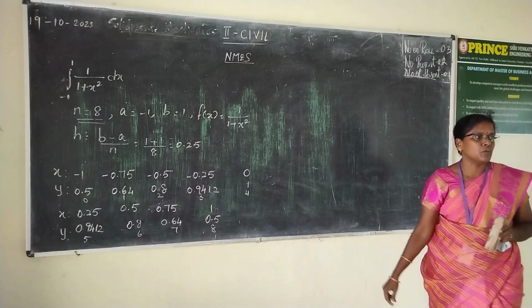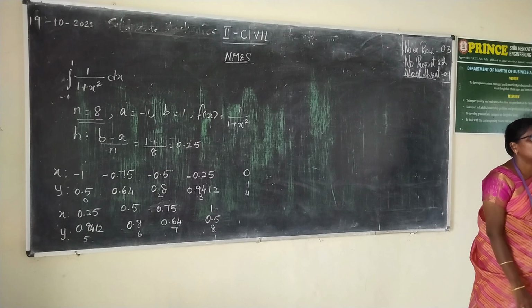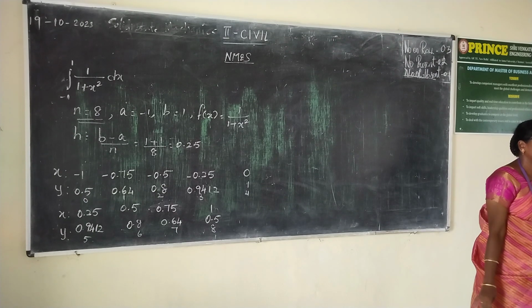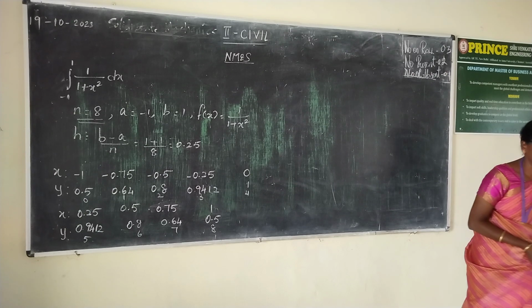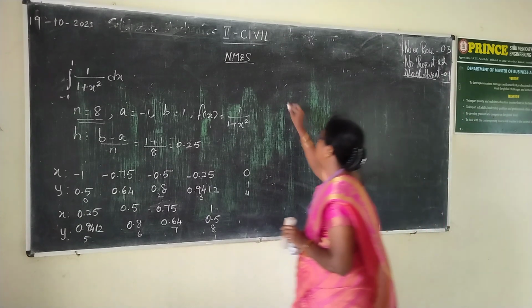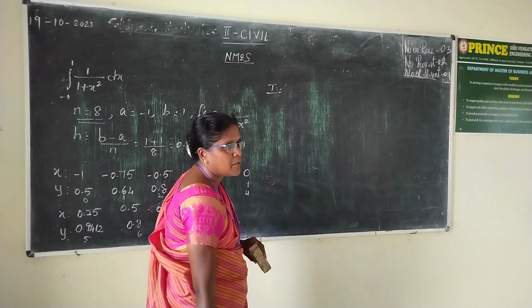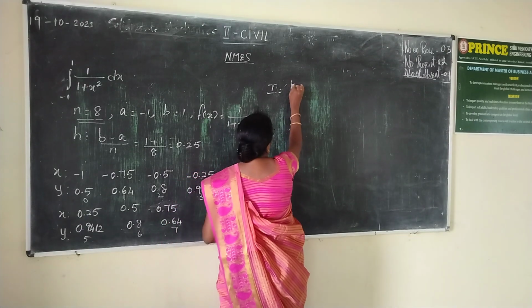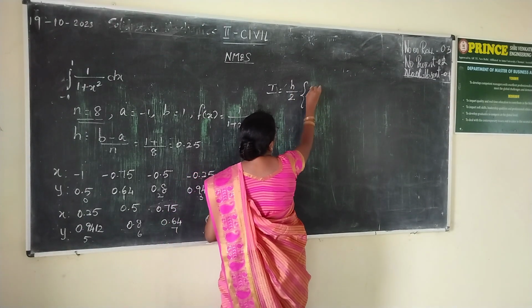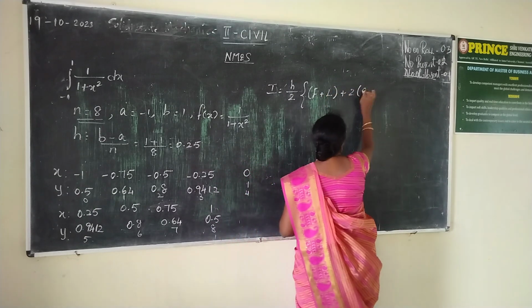By trapezoidal rule, I is equal to h by 2 into first plus last plus 2 into the remaining.